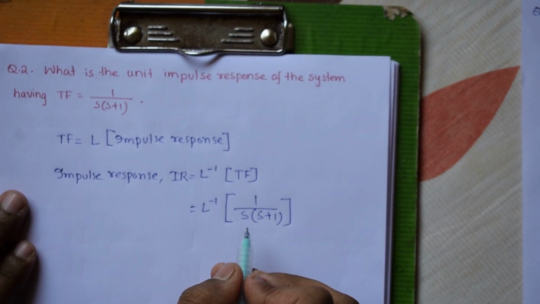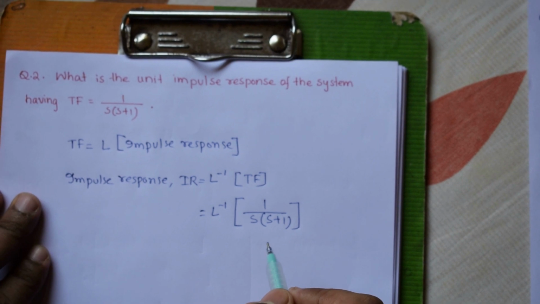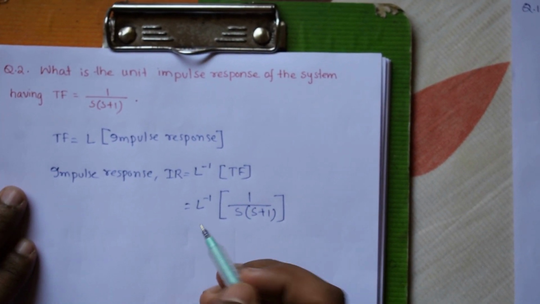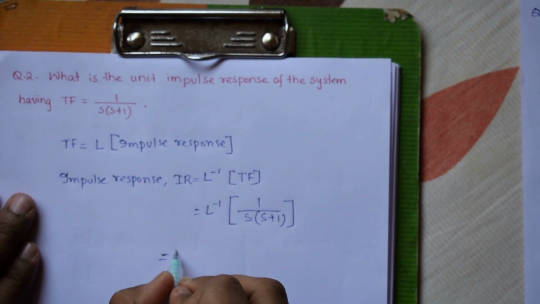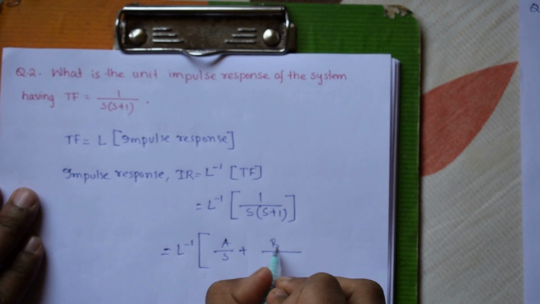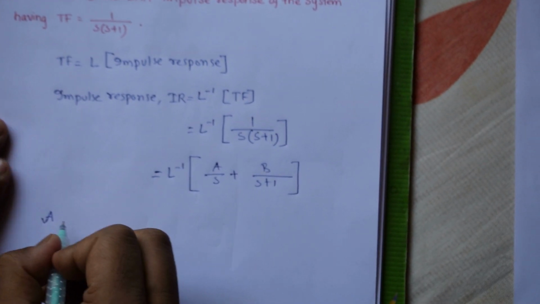For this we can use any method: partial fraction or a shortcut. I will prefer partial fraction. So for this, a by s plus b by s plus 1. I always prefer this partial fraction.